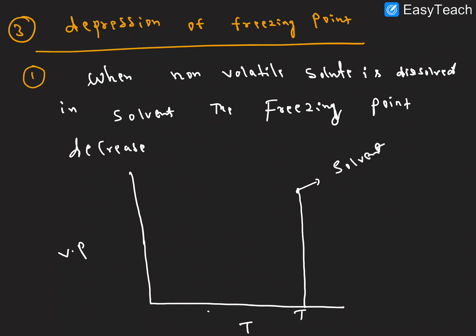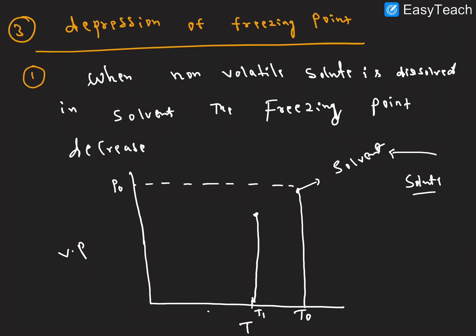This is taken as T0, initial. Whenever we add the solute to the solvent, the freezing point decreases. We can take this as T1.